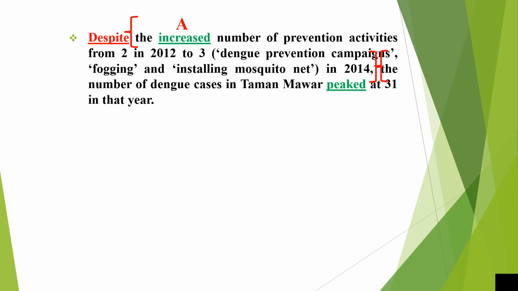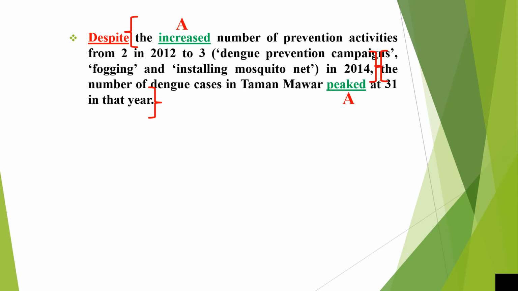You have first 1A. This is the analysis of table 1, with the trend word increased. And the next part of the information, of course, is from figure 1, where you can clearly see the trend word used, peak.